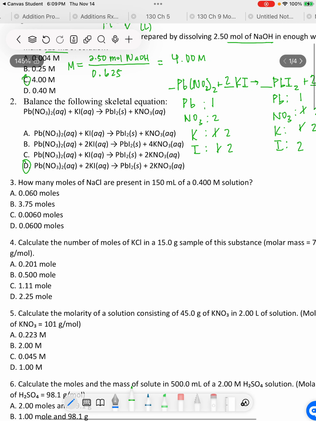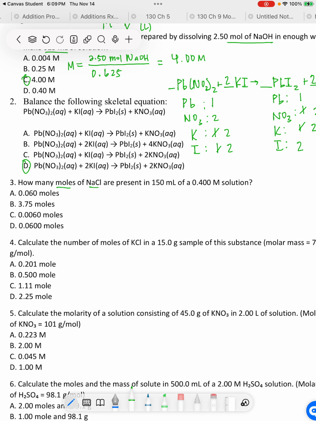All right. How many moles of NaCl are in 150 milliliters of a 0.4 molar solution? To decide between using the dilution equation or just your regular molarity equation, you want to look at what's present.